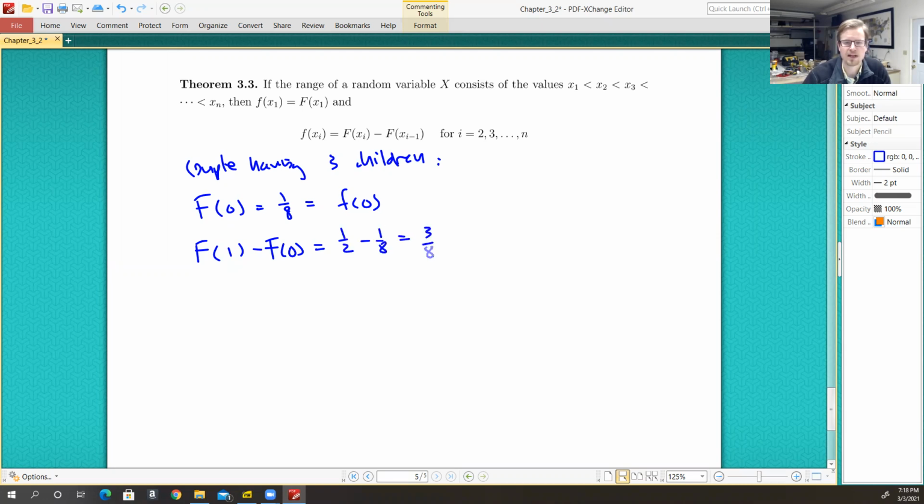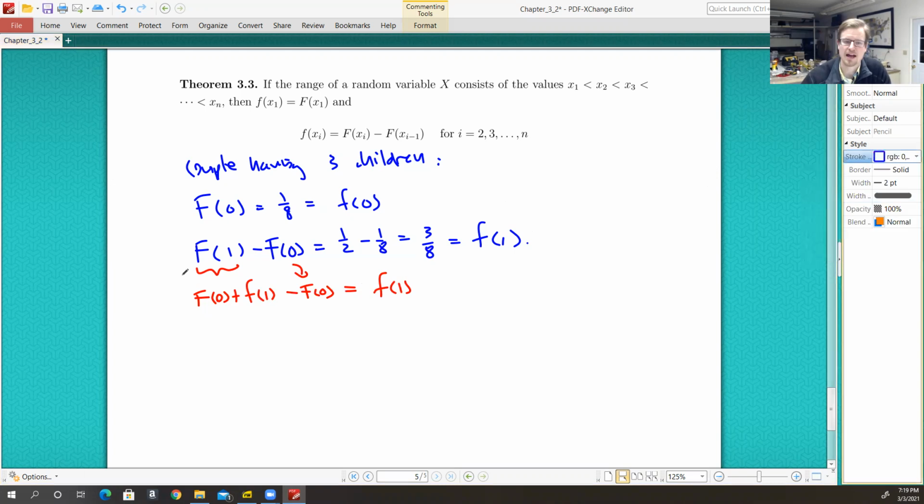This is 3/8. And hey, look, that is in fact the probability of having exactly 1 girl, because F of 1 is f of 0 plus f of 1, right? So when we subtract F of 0, of course, we're left with f of 1. Okay, that shouldn't be a surprise.